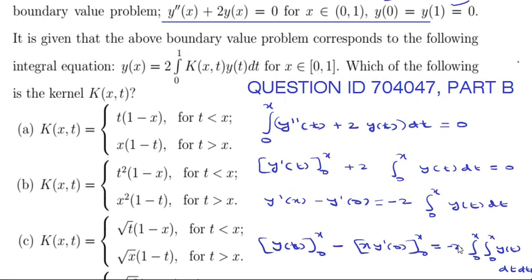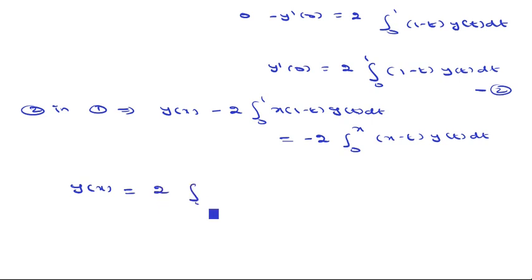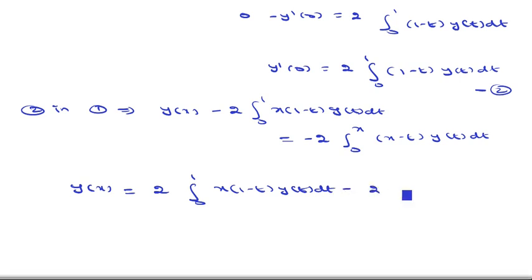So we need to find the integral equation of the form y of x equal to this one. We can move the second term to the right hand side. So 2 times integral 0 to 1 of x times 1 minus t, y of t dt, minus 2 times integral 0 to x of x minus t, y of t dt.